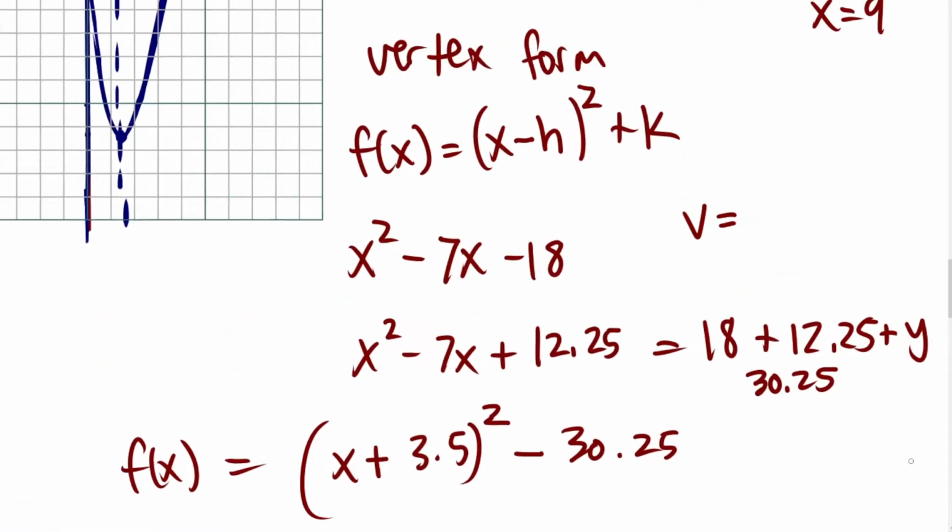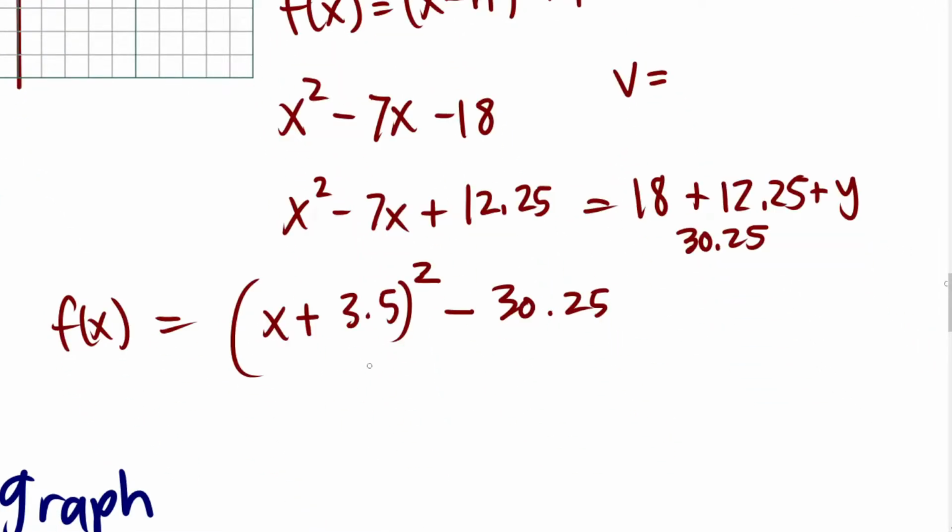Let me double check I'm right with that. Yeah. Whoops. So it's not an automatically negative h. We're just putting this into, no, sorry, my bad. It is still negative 3.5. I'm confusing myself.